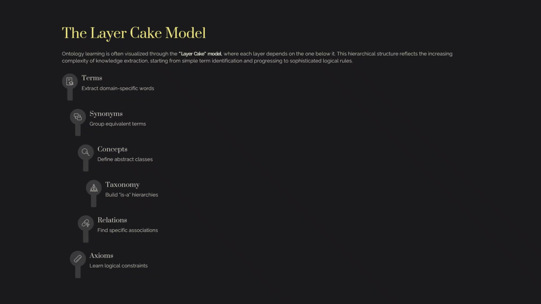The fifth layer focuses on identifying non-taxonomic relations, which describe associations between different concepts. And the sixth layer is axioms, also called axioms and logical rules, which define constraints and reasoning capabilities within the ontology. Now, let us look more closely at the first layer, which is term extraction.